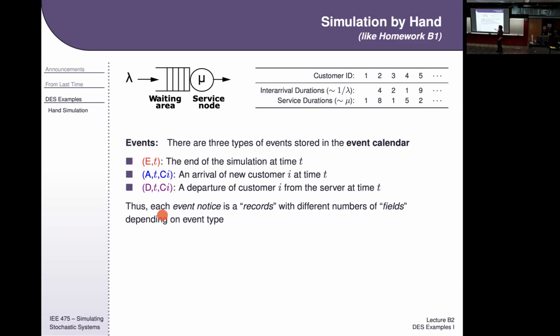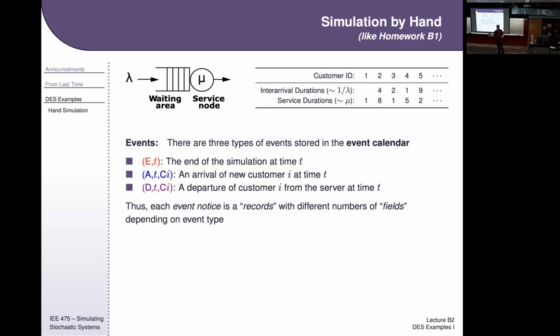Each one of them is going to have a time of the event. So for the end event, all we care about is the time of that event. That's when we schedule it. The arrival event is scheduled at time t, but then it has this extra piece of information: who arrived then. That's just for our use. As we're processing these events, we need to know, okay, I've hit this event.